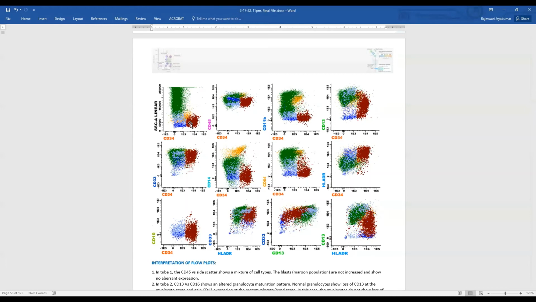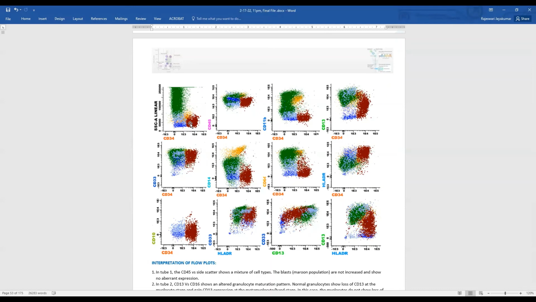So when the cell is hyposegmented and hypogranular, the elements that contribute to side scatter are not there. So their side scatter will be very decreased. Sometimes they even creep into the blast gate. That is another thing that you have to keep in mind, that side scatter will be decreased in dysplastic granulocytes. And there will be asynchrony in the acquisition of all those markers.